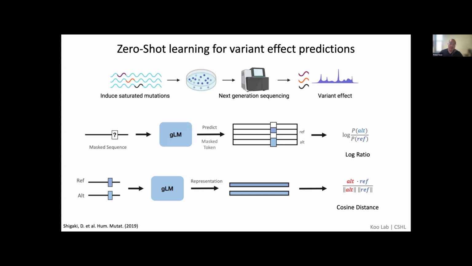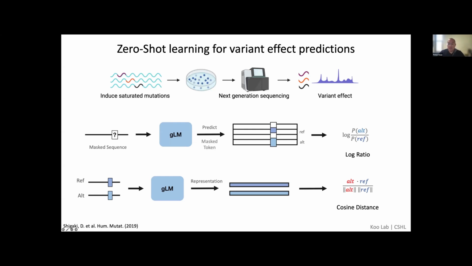The second approach passes two sequences through the model, one with the reference allele and one with the alternative allele. The gLM generates embedding vectors for both, and we calculate the variant effect by computing the cosine distance between these two vectors.